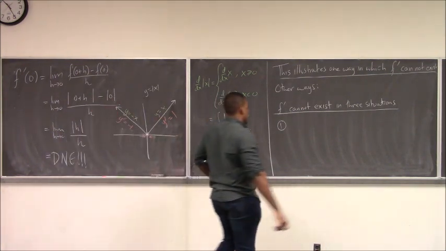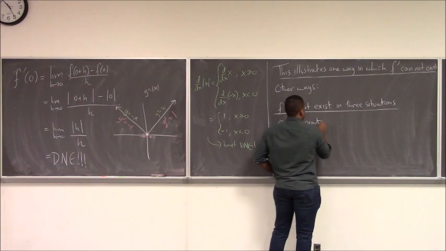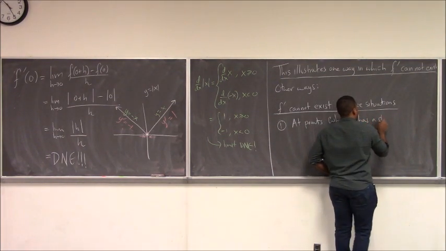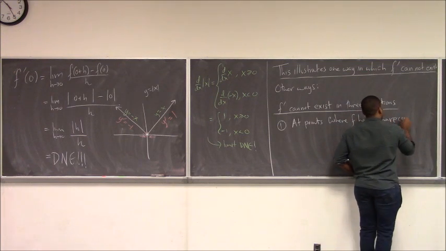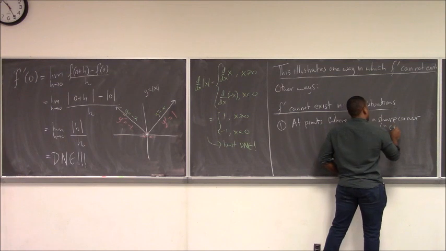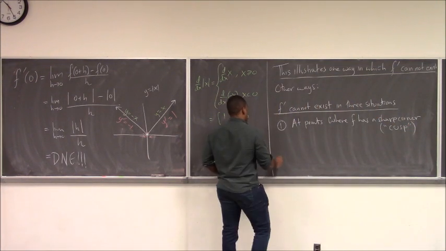Anytime we have a function that has a sharp corner, the derivative will not exist. A sharp corner, you might see the word cusp being used.